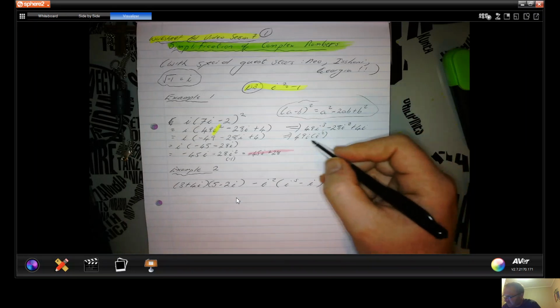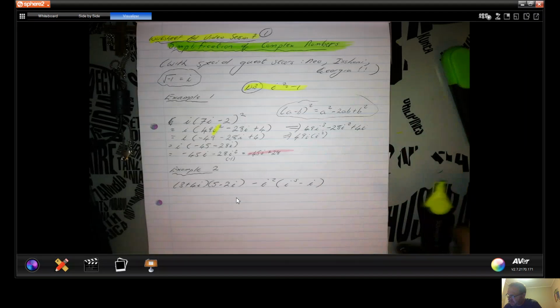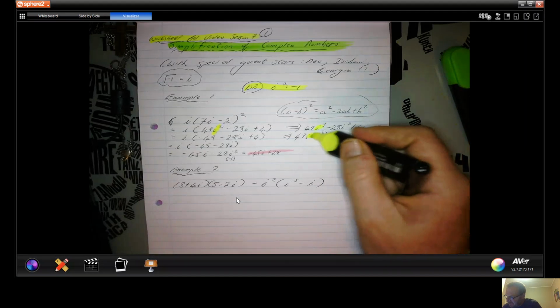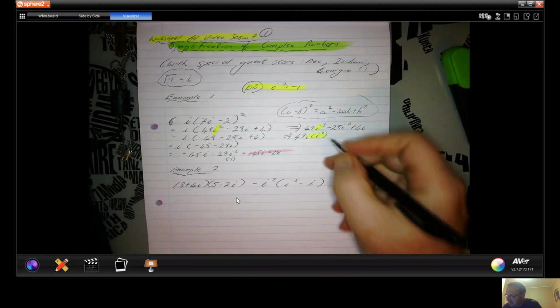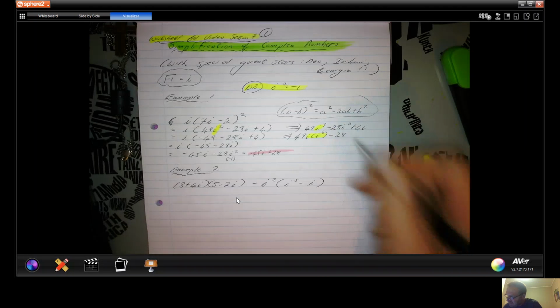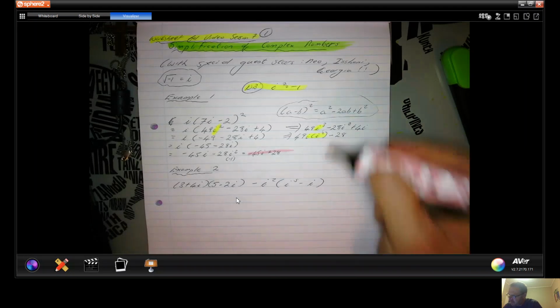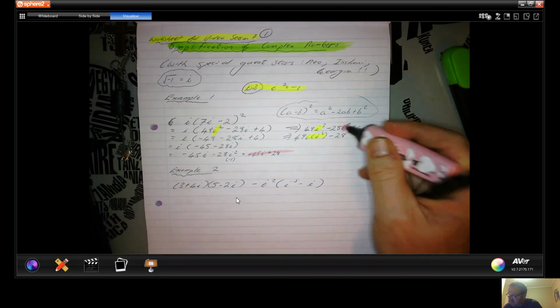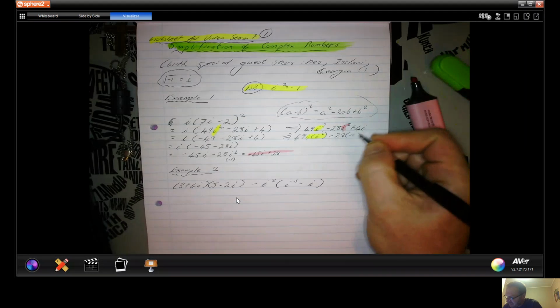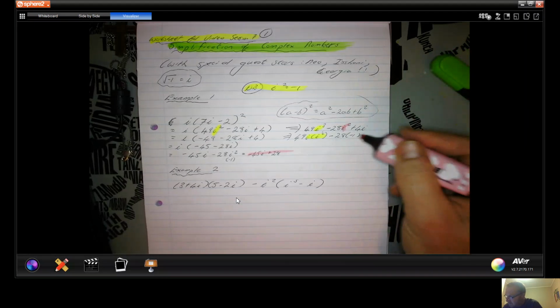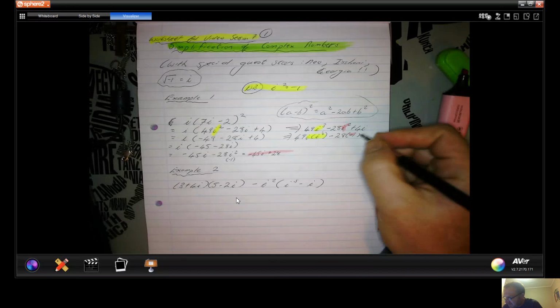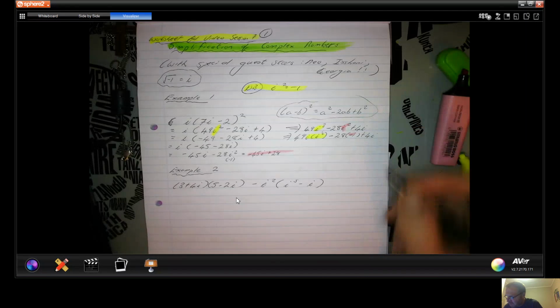Okay, if I do that, negative 49i, I've just rewritten i cubed as i times i squared. Then minus 28, and then I've got i squared, which I can write as negative 1, plus 4i.